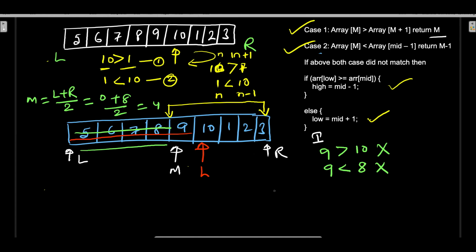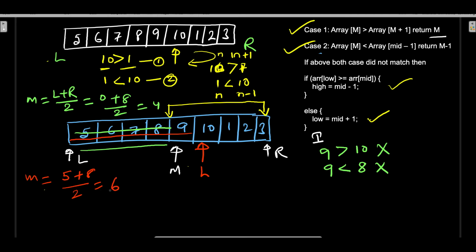Now find the middle here. What is the low now? Low is 0, 1, 2, 3, 4, 5. So 5 plus what is the high? Is equal to 8, 9 minus 1, n minus 1 by 2. If you do this calculation, it will come 6.5, which is nothing but 6.